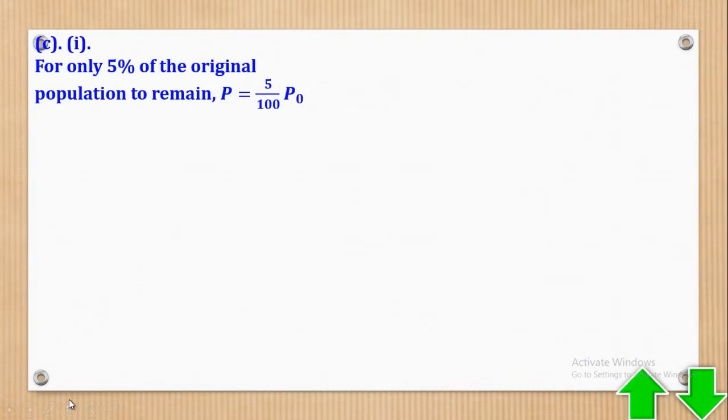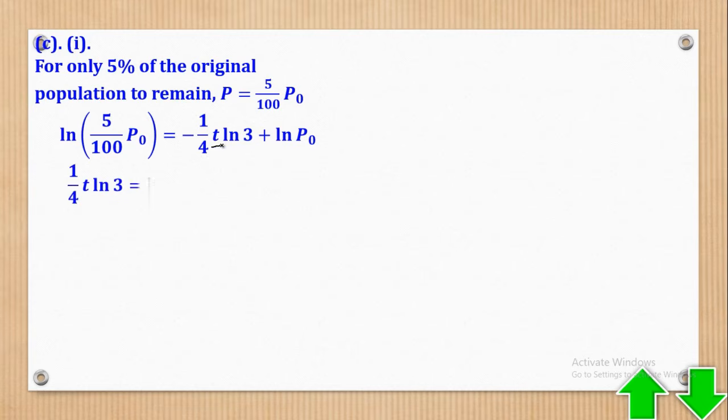So you say that for only 5% of the original population to remain, P will be equal to 5 over 100 P naught, because 5% is the same as 5 over 100. Therefore, substitute for P and look for a way of getting the value of t.